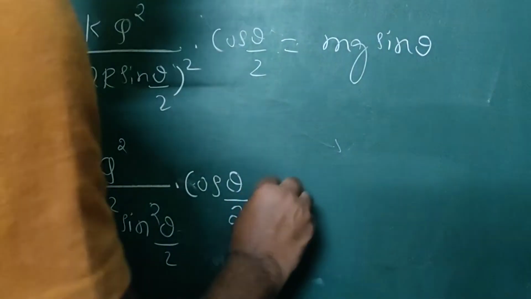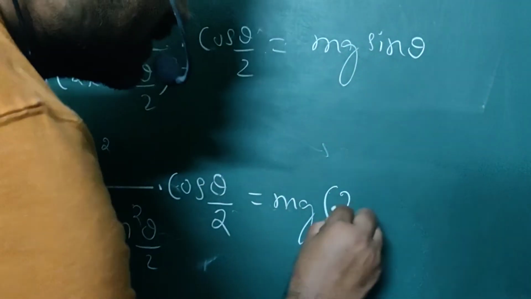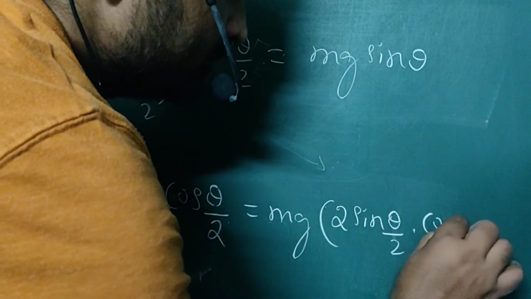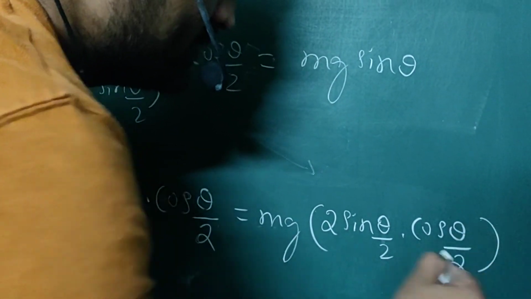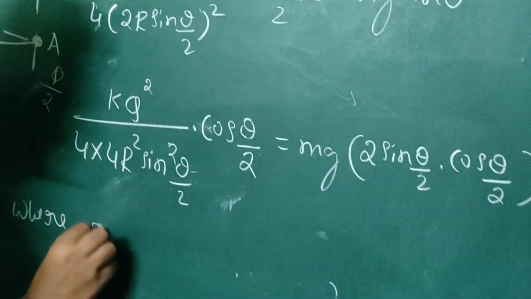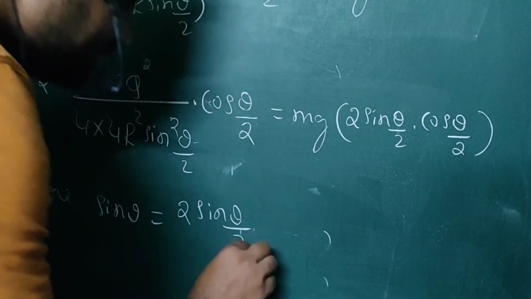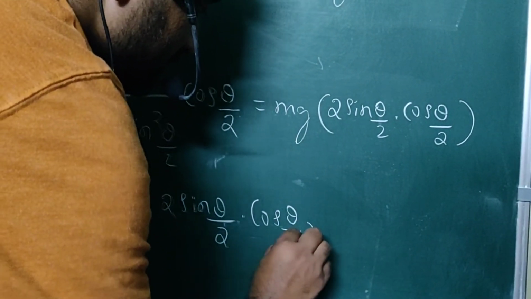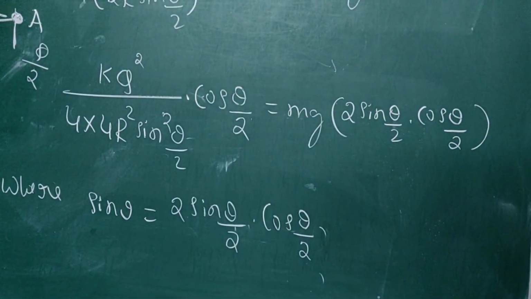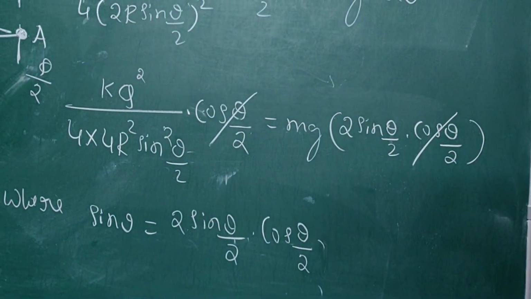This side mg into, here the sin theta I will replace by 2 sin theta by 2 into cos theta by 2, where I am using the mathematical identity that sin theta can be written as 2 sin theta by 2 into cos theta by 2. In the place of sin theta, I am using this identity, so I have written. Now we can cancel this part and this part.